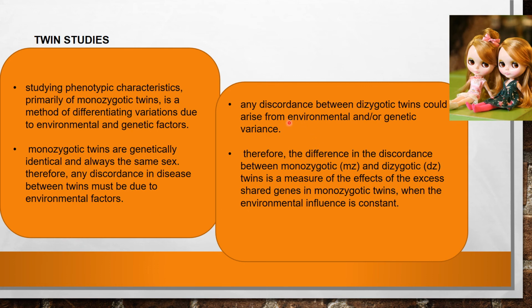Any discordance between dizygotic twins could arise from environmental or genetic variants. Therefore, the difference in discordance between monozygotic and dizygotic twins is the measurement of the effects of excess shared genes in monozygotic twins when the environmental influence is constant.